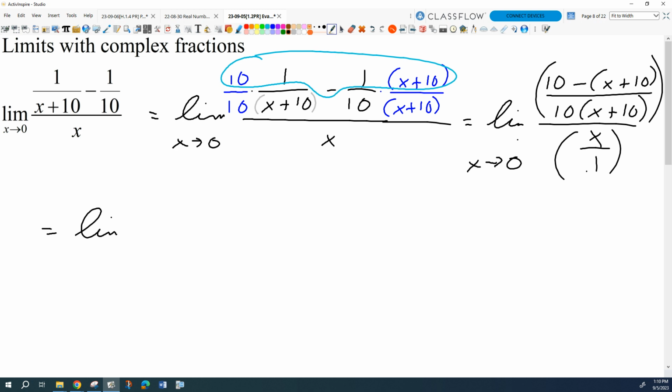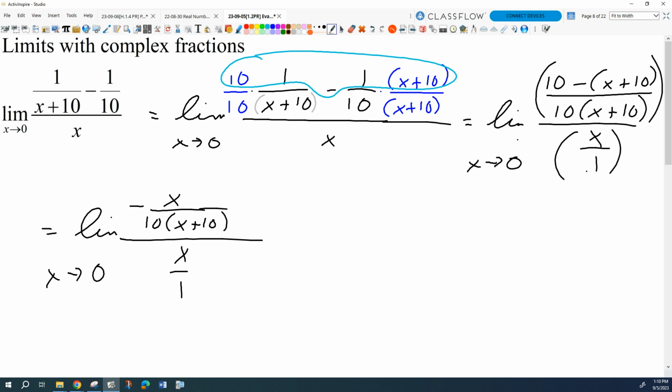10s are going to cancel, right? I'm just going to get a negative x. So my fraction in the numerator then just becomes negative x over 10 times x plus 10, all divided by x over 1. Okay, well, if I divide a fraction by a fraction, I just flip and multiply by the bottom, right?